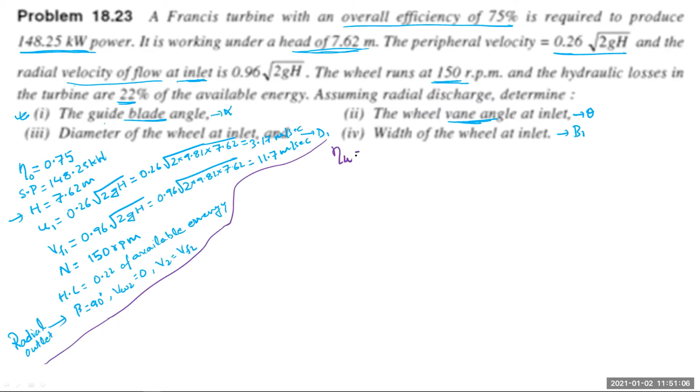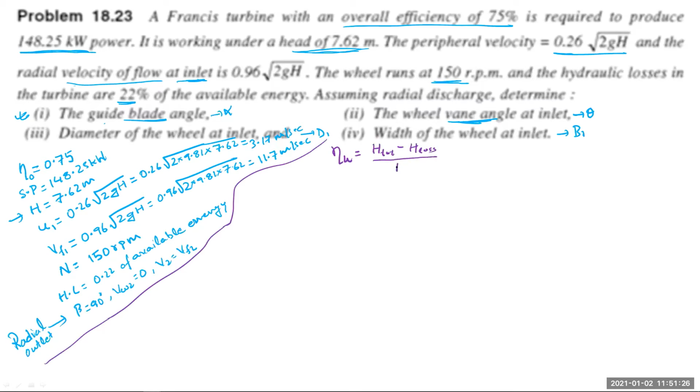Hydraulic efficiency equals to total head at inlet minus the hydraulic loss, hydraulic loss means head loss, divided by head at inlet.